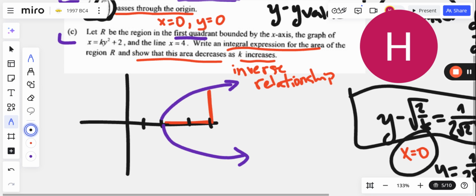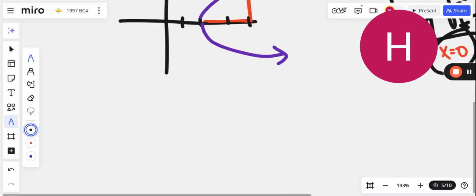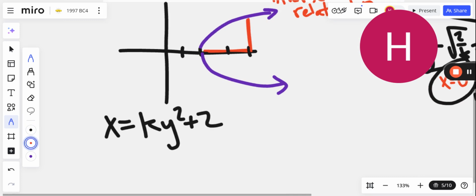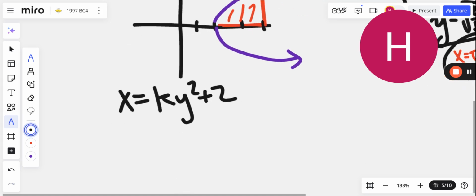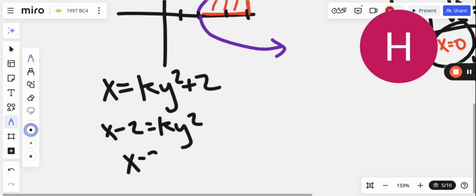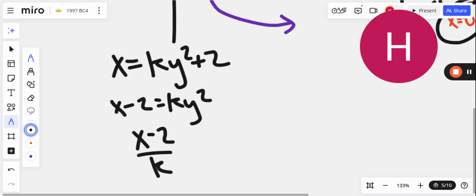But we have to show an integral expression for this. So right now we have an x equals. We don't want that. We want the top portion of this, which is the square root graph. Let's solve for y. We get x minus 2 equals k times y squared. So x minus 2 over k equals y squared.